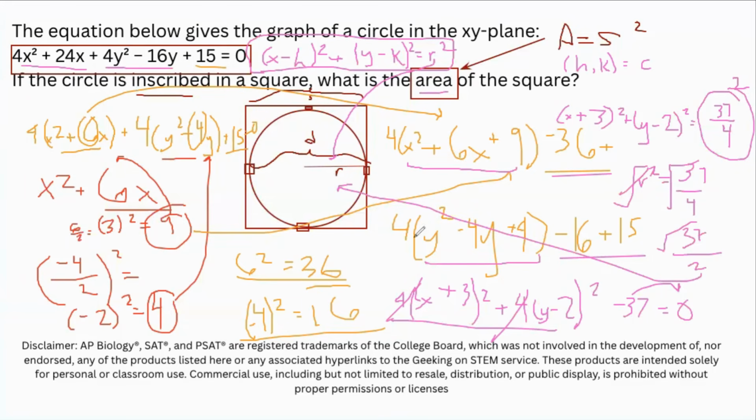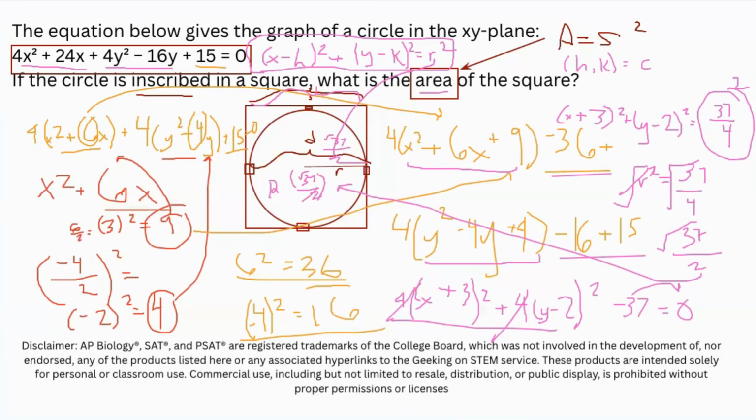The diameter has to be double this value because remember, the radius is square root of 37 divided by 2. Because of this, I want to double it, so it's 2 times square root of 37 divided by 2. Going ahead and letting us know that the diameter is square root of 37. So the side, the length from here to here is going to be square root of 37.